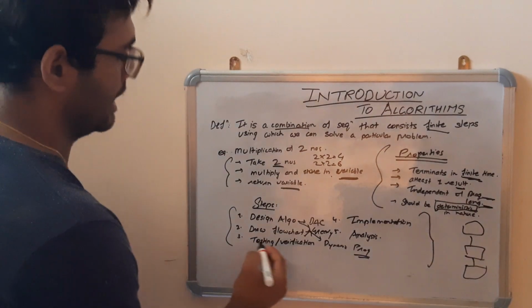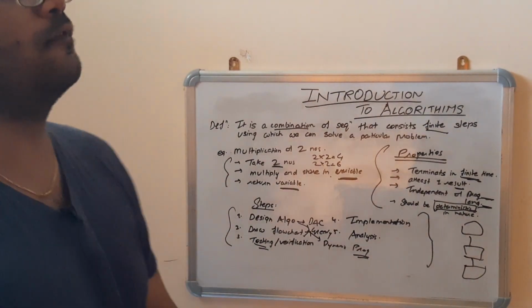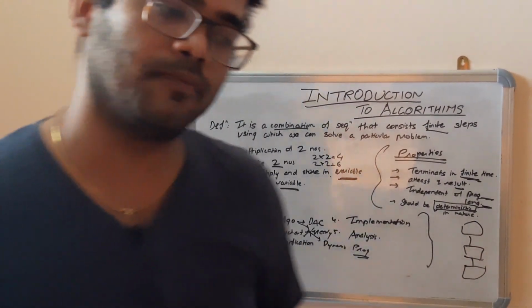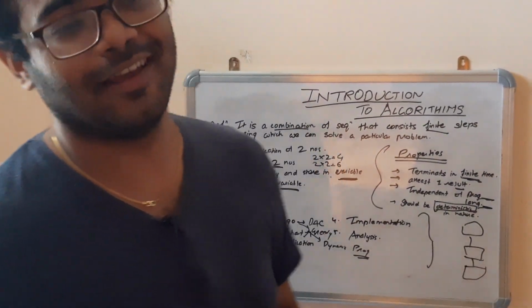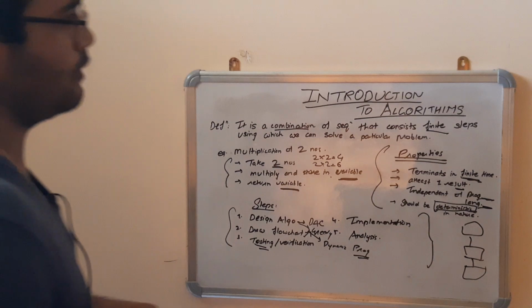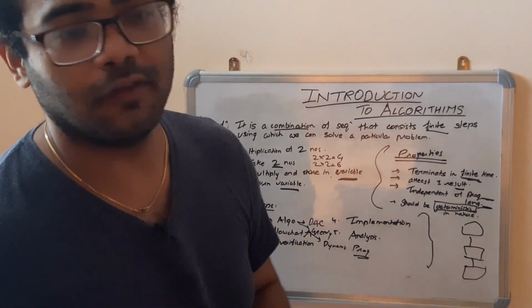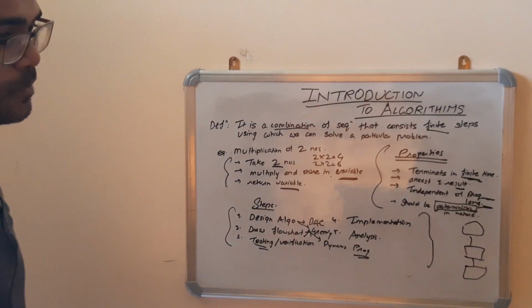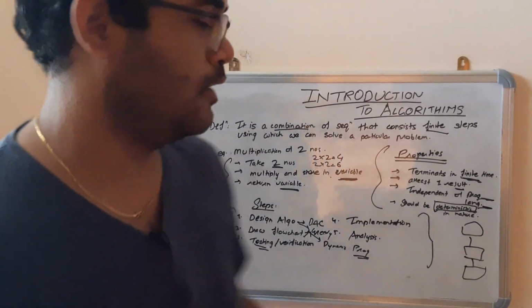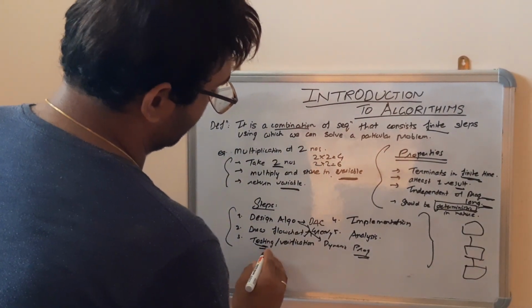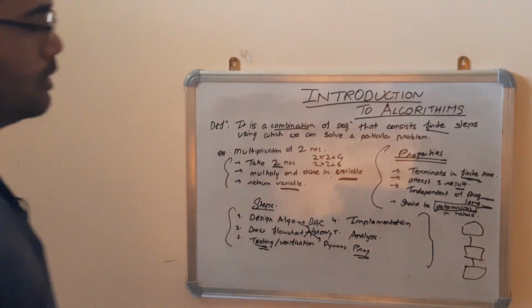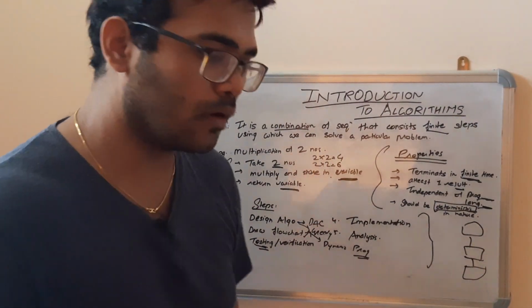Third one is the testing that we do. Suppose we have finally understood the problem, we have come up with an algorithm, and I've created a flowchart. Then ultimately we have to test it, right? We cannot just simply use it for the purpose. We will be testing and verifying it at our end with multiple scenarios.